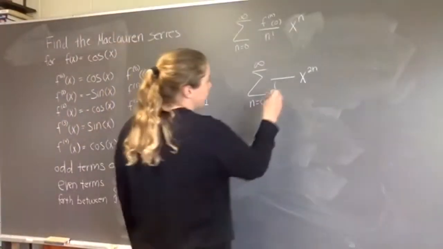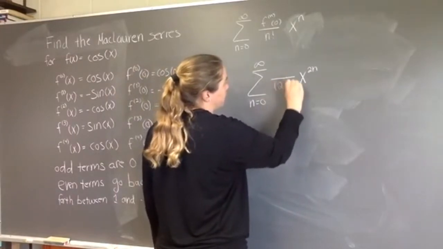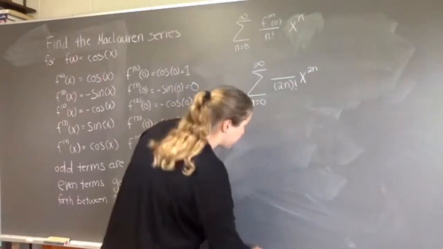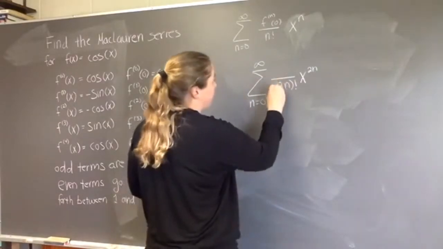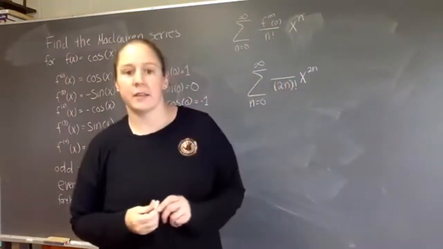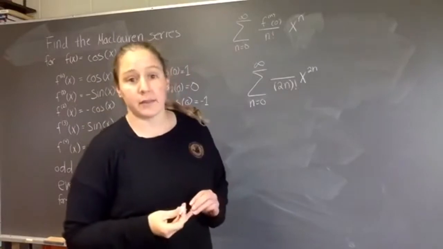So what we do is we make sure we do 2n factorial. And it is very important that you put these parentheses in here. Some people forget, but 2 times n factorial is very different than 2n factorial. It is significantly smaller without the parentheses.